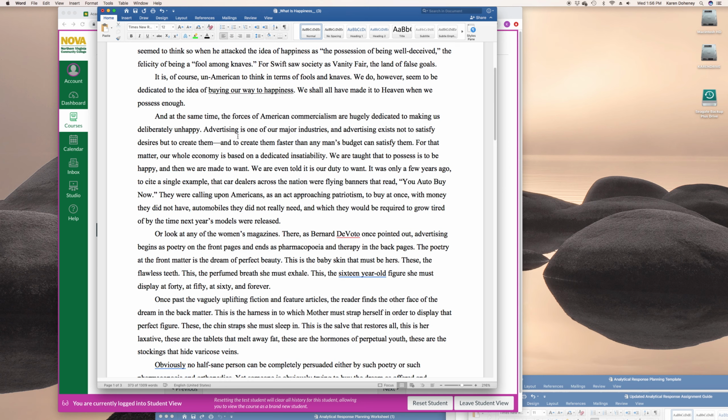So we're looking at these examples. He says, how does buying our way to happiness work? Well, he talks about the forces of American commercialism and the fact that advertising is one of Americans' major industries, still is. And he says that advertisements exist not to satisfy desires, but to create them. That means when we see an advertisement, it's supposed to make us want stuff, right?